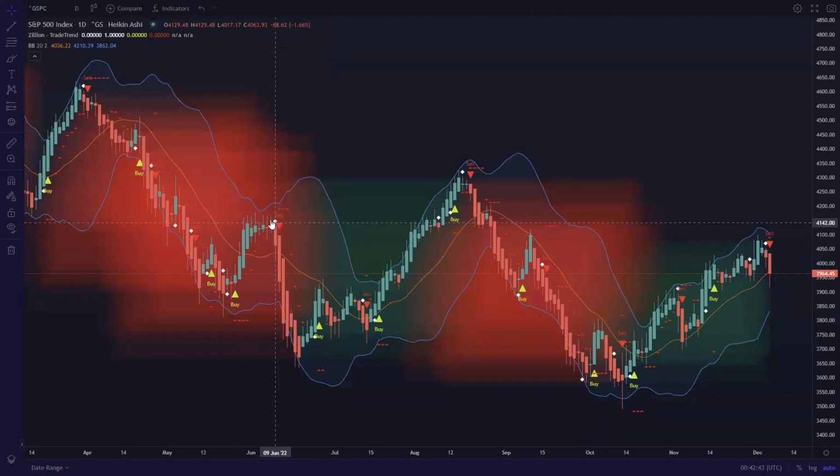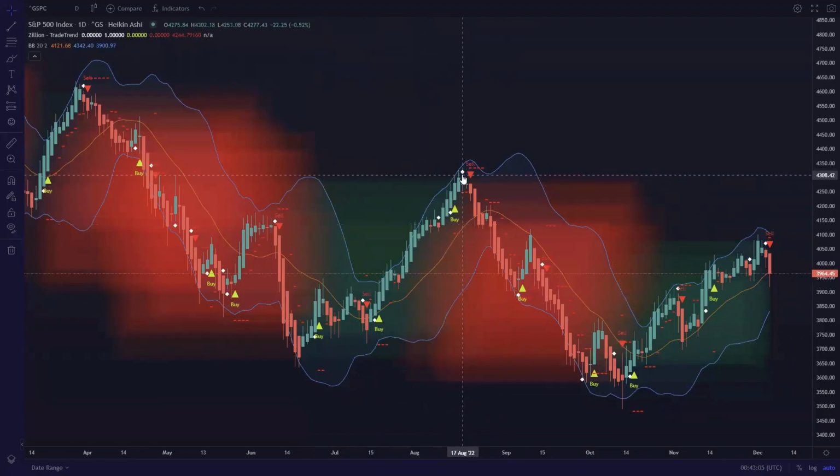So this signal I like, right? And it turned out to be a very nice Heikin Ashi move to the downside and a successful trade trend short setup. Same with this one, a very sustained big move to the upside in green Heikin Ashi candles.